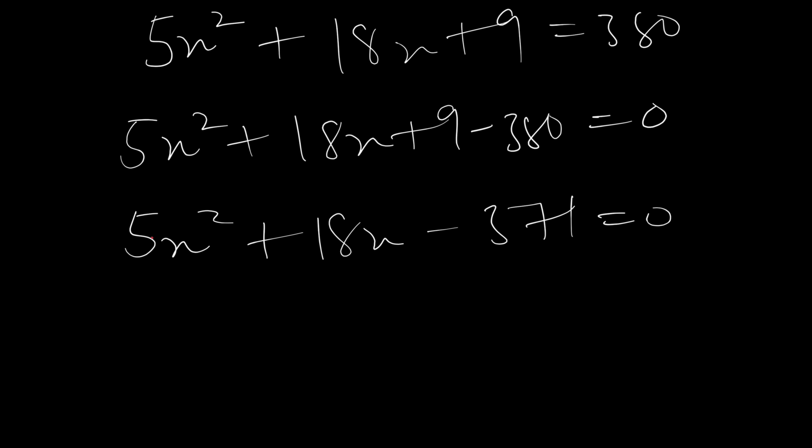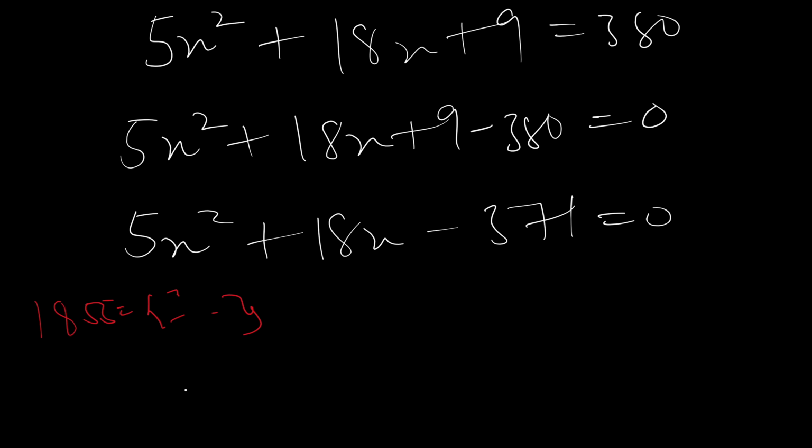When we multiply 5 by 371, we have 1,855. So we need factors of 1,855 that when we multiply, we get negative 1,855. And when we add, we get 18. So those two numbers are 53 and negative 35.